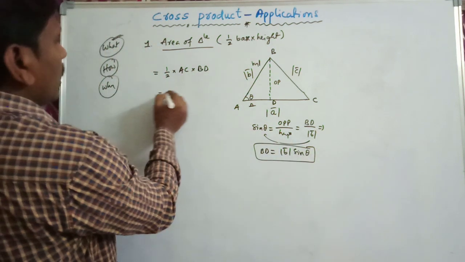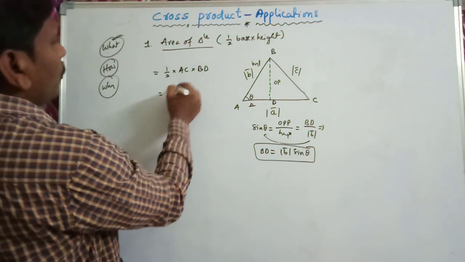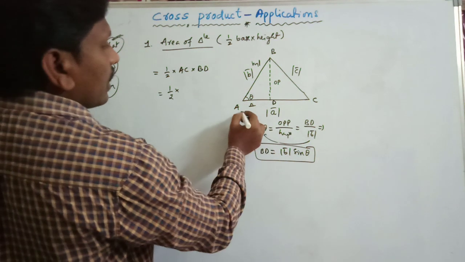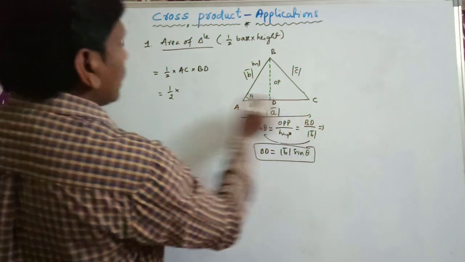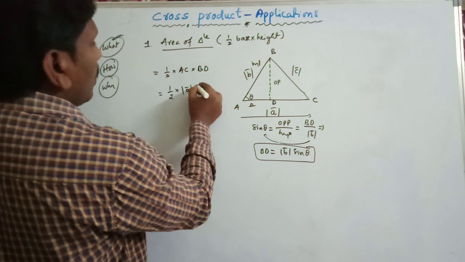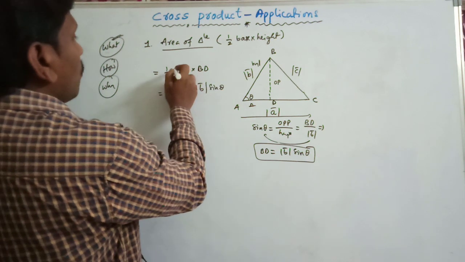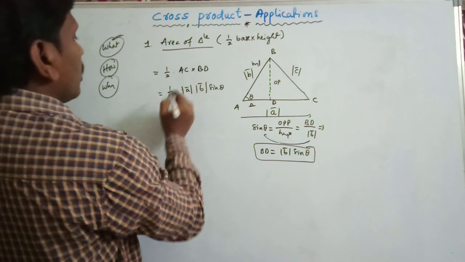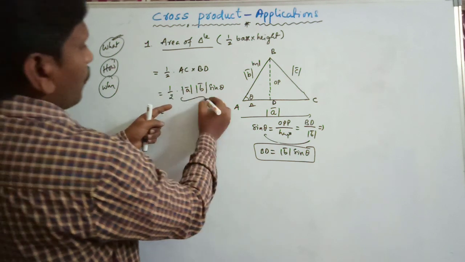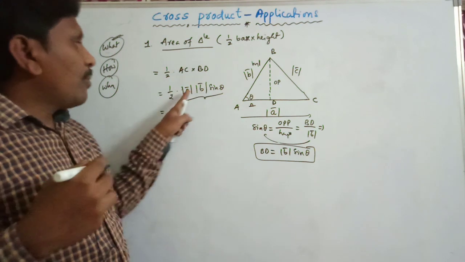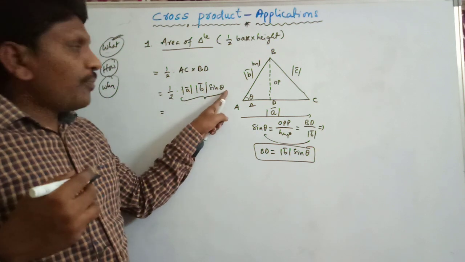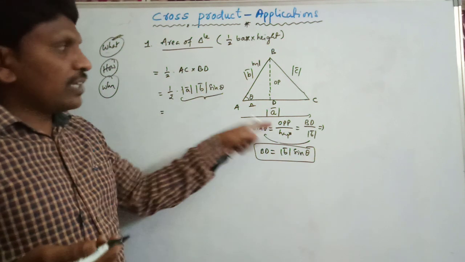Okay, so here half into AC, and AC is nothing but from here to here, that is mod A bar. Mod A bar and mod B bar into sin theta. This is only a product. Okay, it's not a cross product. Then this is what? Mod A bar into mod B bar sin theta into n cap. It has a particular direction.